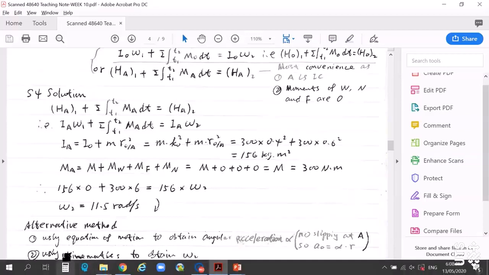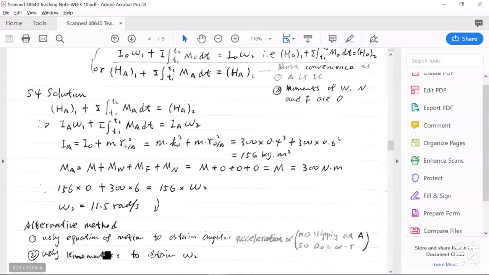Then, using kinematics, because we already know the time period is 6 seconds, if we can work out the angular acceleration, then we can work out the angular velocity in the final position, omega 2.